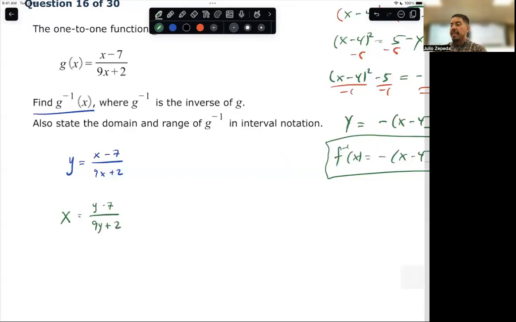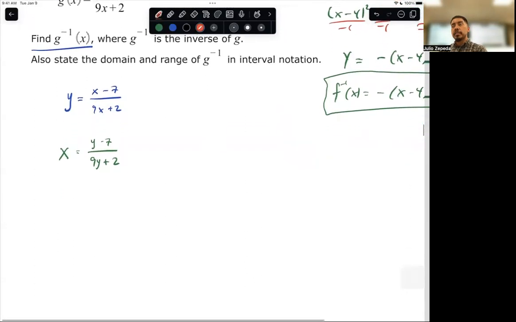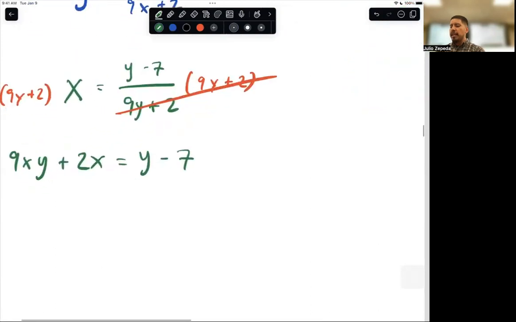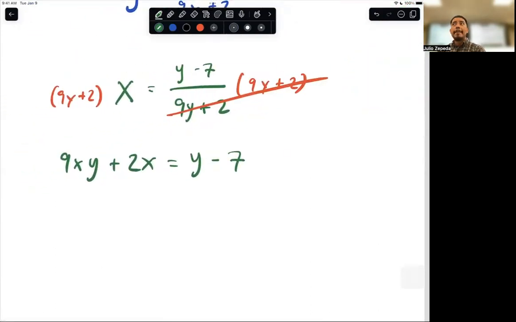Okay. And now we solve for y, just like in the previous one. Solving this for y, we should probably multiply by the least common denominator. And so we get 9xy plus 2x equals y minus 7. How do we solve for y when there's two y's? Combine them?